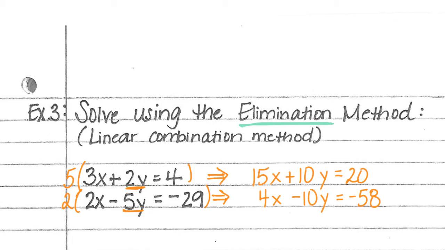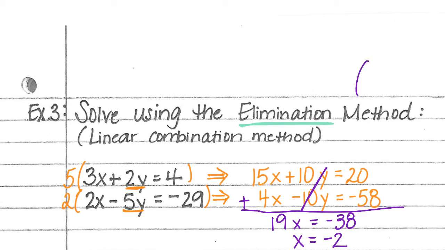Notice when I add down, my y's cancel out, and I get 19x equals negative 38. Therefore, when I divide each side by 19, I get x equals negative 2. Well, that is only my x point. I still have to find my y, so I'm going to plug it into an original.